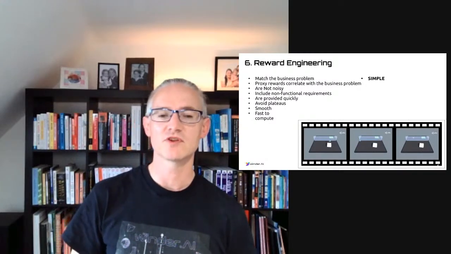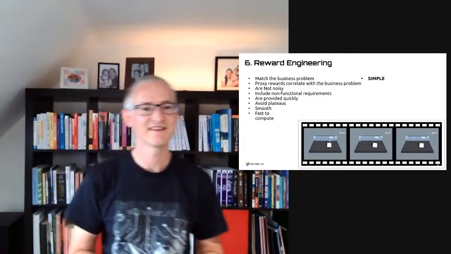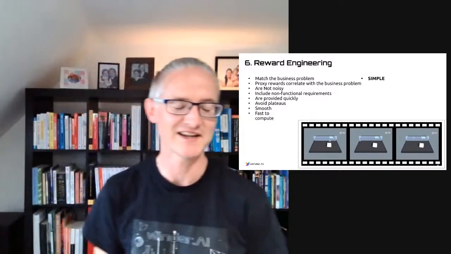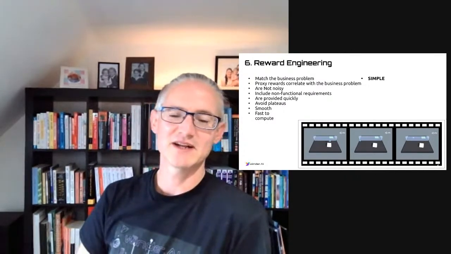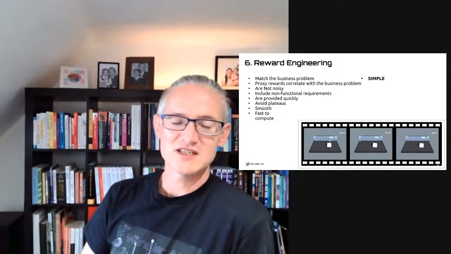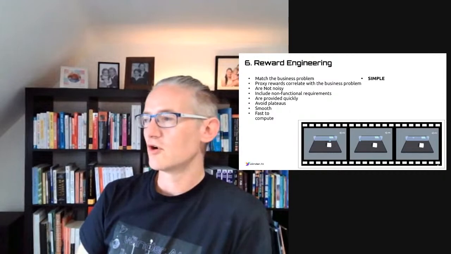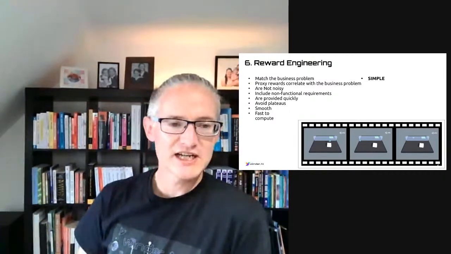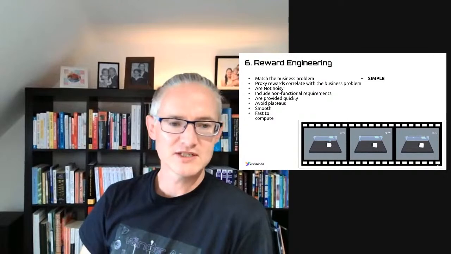If the business problem doesn't have a clear definition of success, then you probably shouldn't be working on it in the first place, irrespective of what technology you're using to implement it. It's much easier to work on something when the end state or the goal or the business problem is clearly defined. So what your goal is really as an engineer is to find proxies to that business problem.